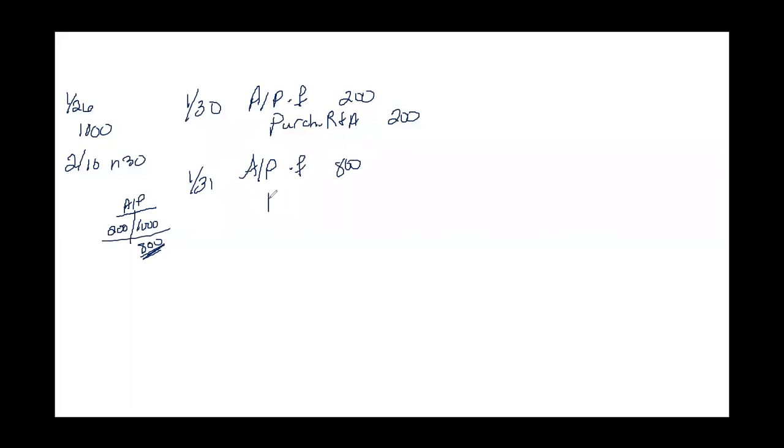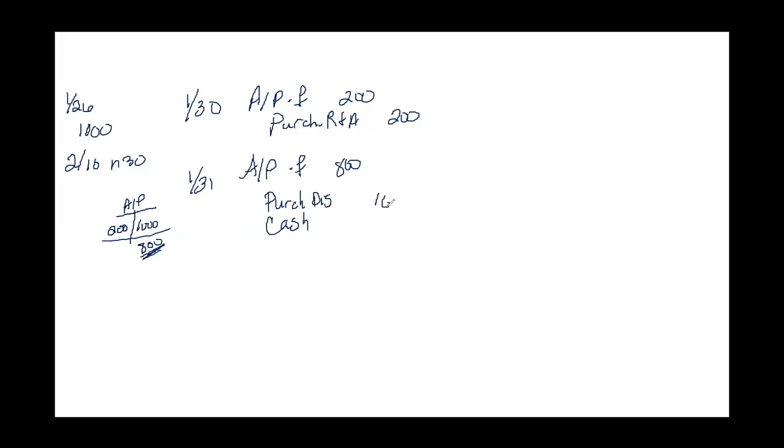And we're going to have a purchase discount, and we're going to have cash, right? And our discount is 2% of 800. I have to do the math on that because I don't have that in my head. I like even numbers. 800 times 2%, so the discount's $16 when you multiply those out.